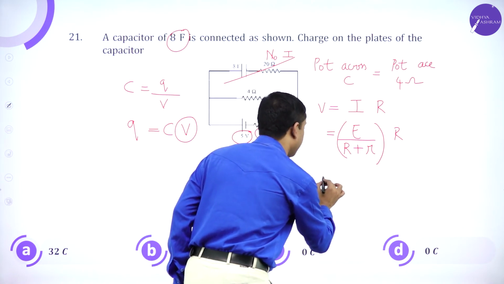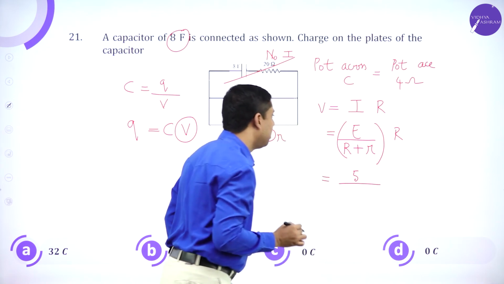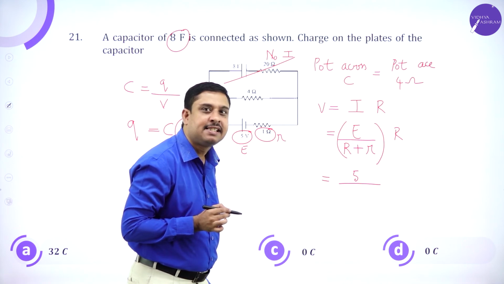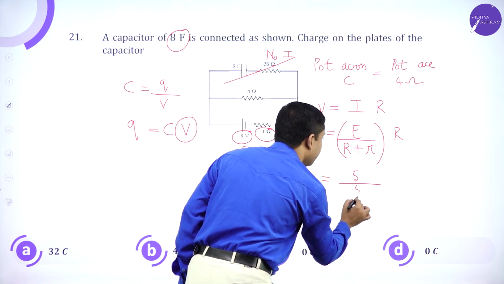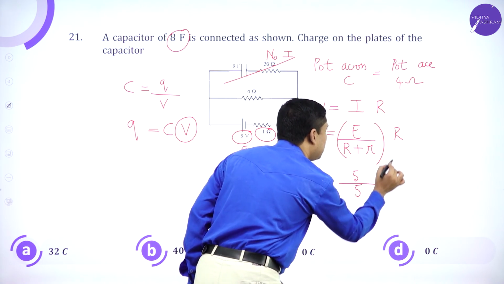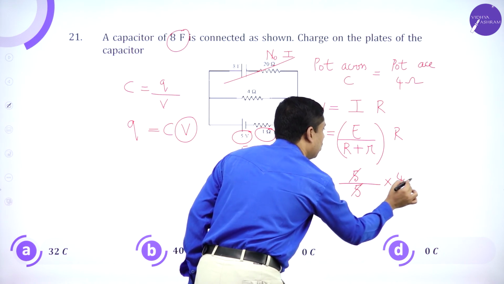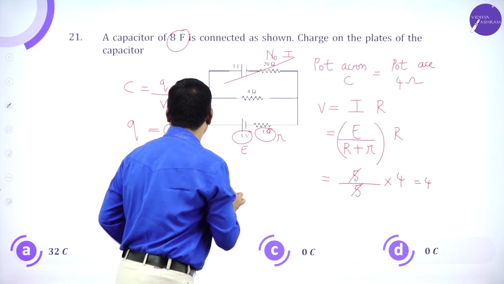So this is equal to 5 divided by 4 and 1, they are in series. Alva? So 4 plus 1, 5, into the external resistance which is 4. So this is 4.